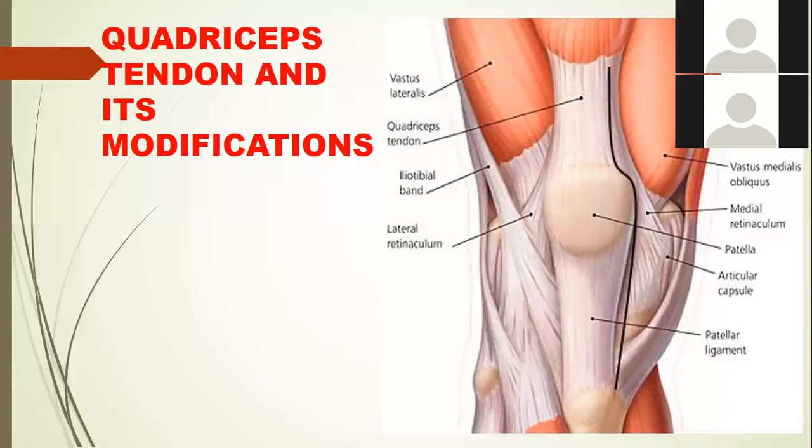The tone of the quadriceps femoris is largely responsible for the stability of the knee joint. So the major stabilizing factor for the knee joint is the tone of the quadriceps femoris muscle. It is a powerful extensor.